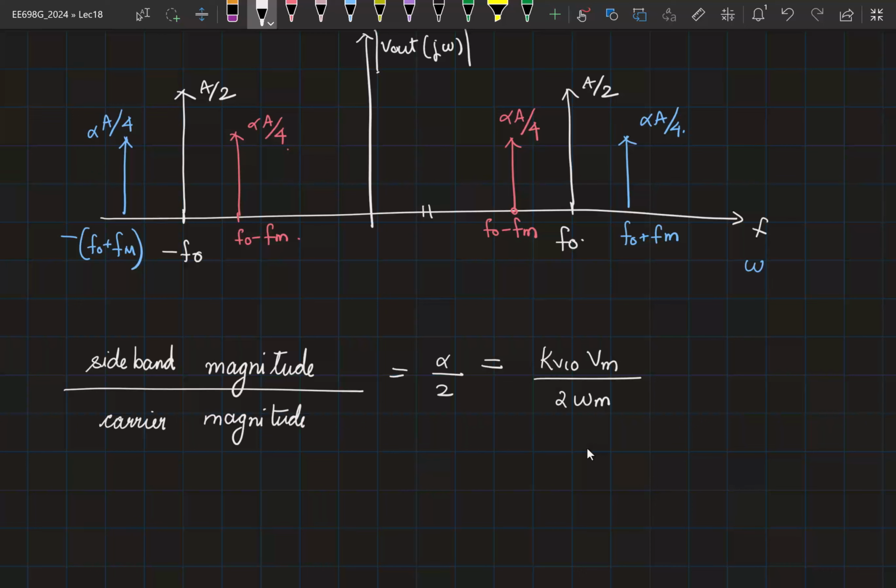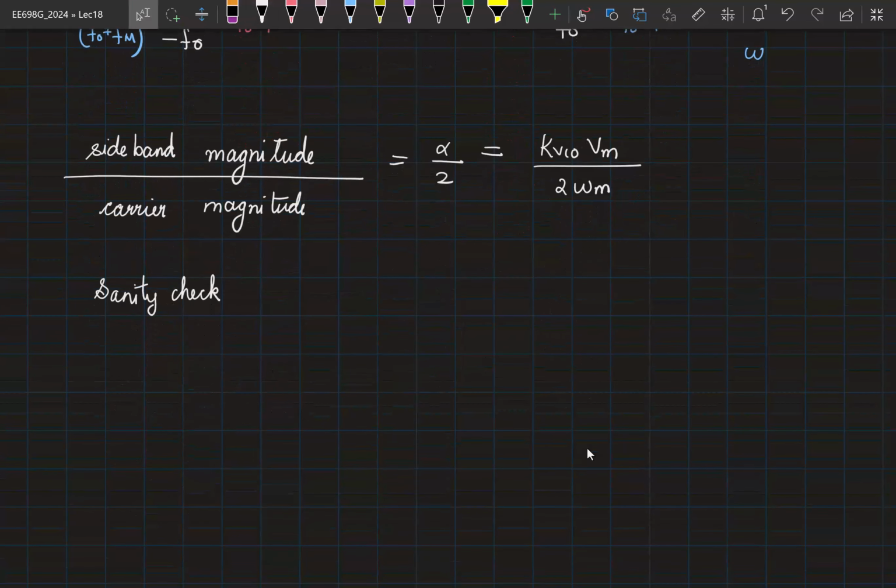So let's quickly do a sanity check. Is it dimensionally correct? What should be the dimensions on the LHS? Unitless. What is the dimension on the RHS? What is the unit of KVCO?